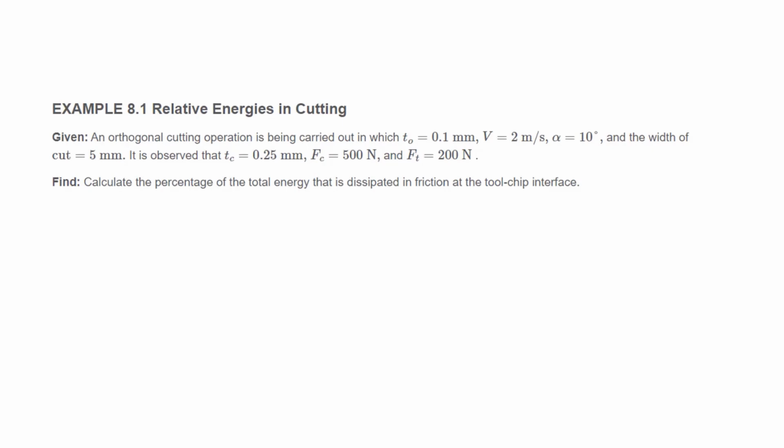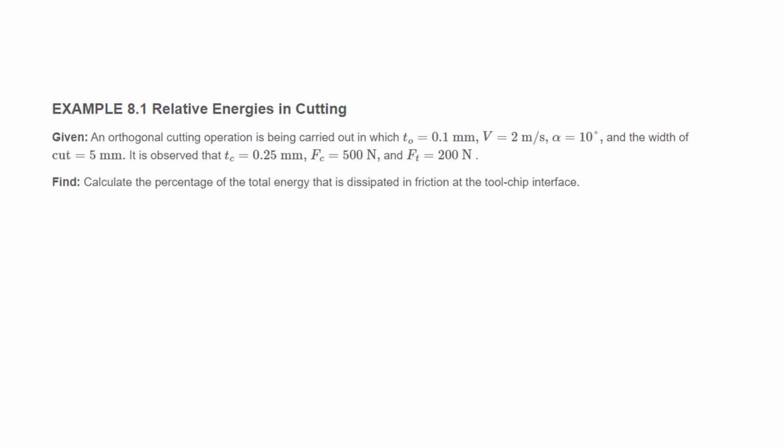So VC divided by V equals T0 over TC, which we call R, the chip thickness ratio.